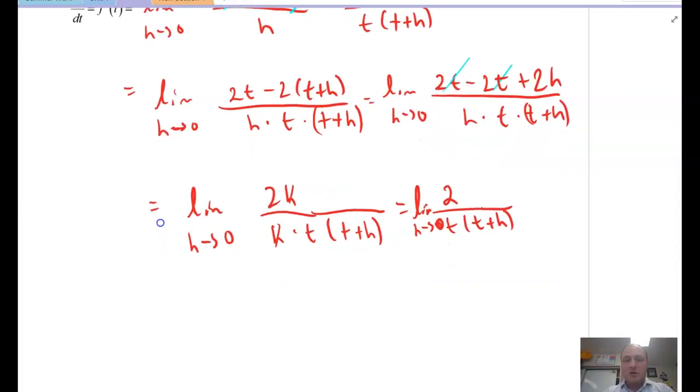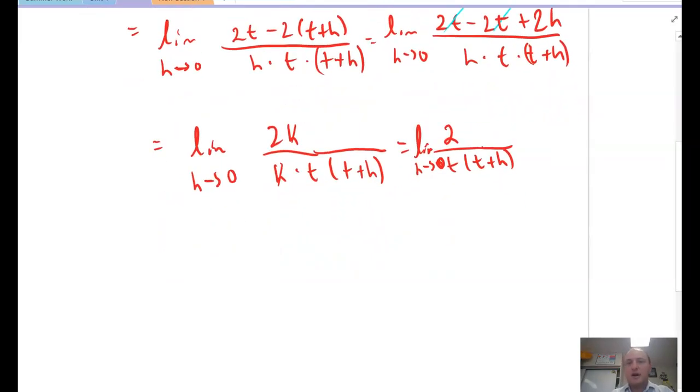Now I'm going to evaluate the limit at 0. In the numerator I have 2, and in my denominator we have t times t plus 0, which ends up being t squared.